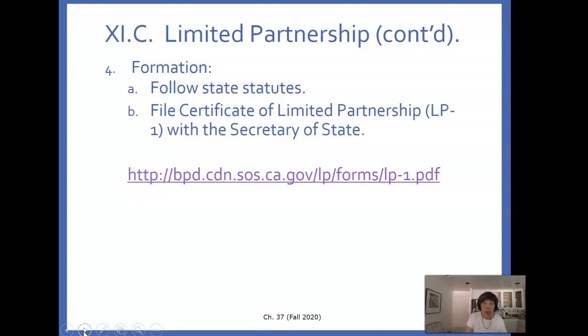This form is also referred to as an LP1. The citation, the link I have here on my slide, you can take that and go out to the Secretary of State's office to see that form.